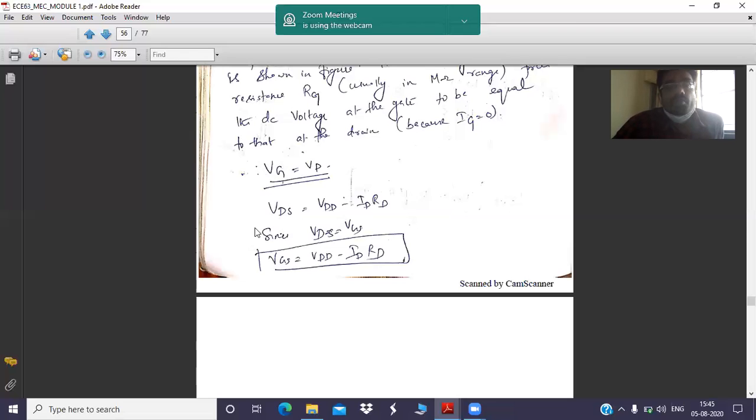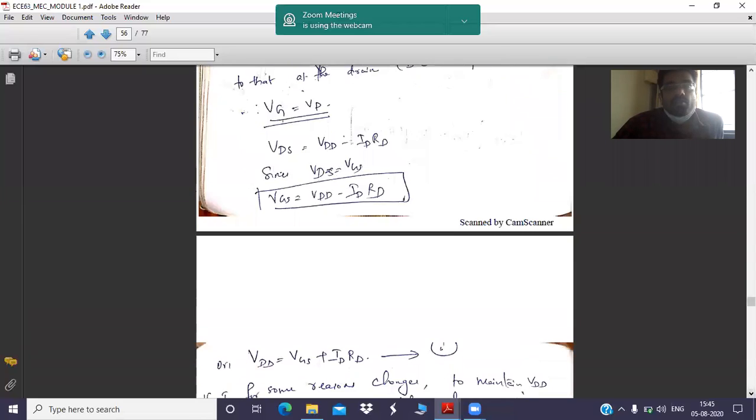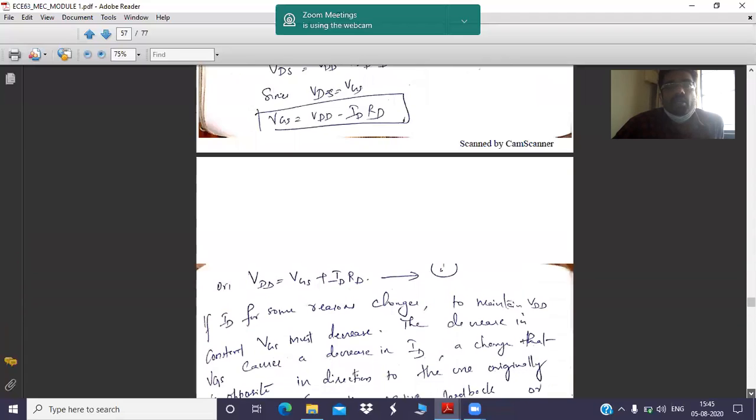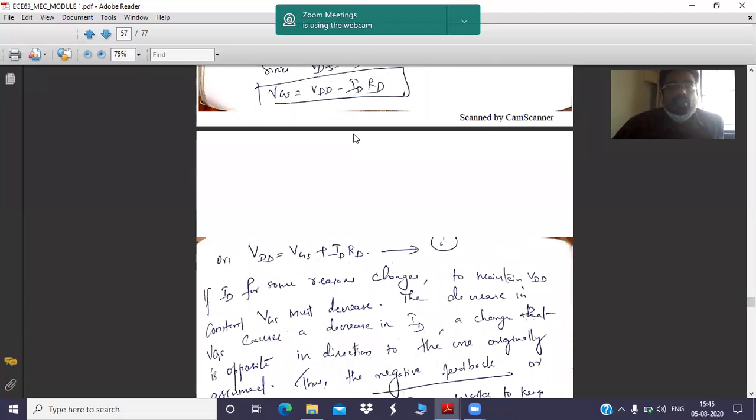So VG is equal to VD. If VG is equal to VD, why can't we write VDS as VGS? VDS could have been replaced by VGS. That is why I have written this equation. So instead of VDS equal to VDD minus IDRD, now you have VGS equal to VDD minus IDRD. Hope it is clear for you.